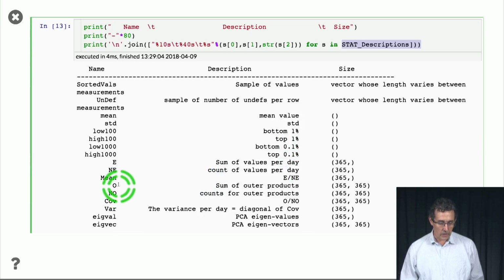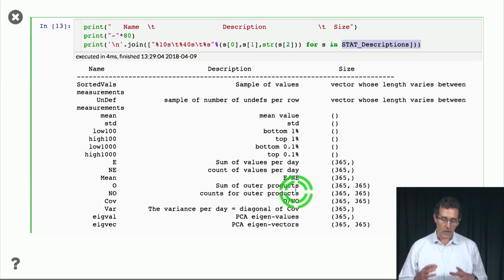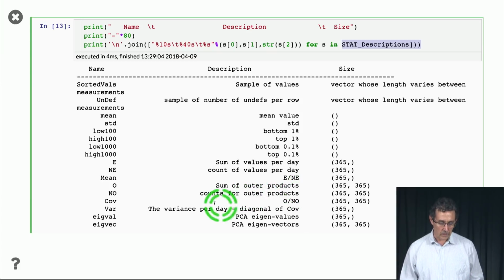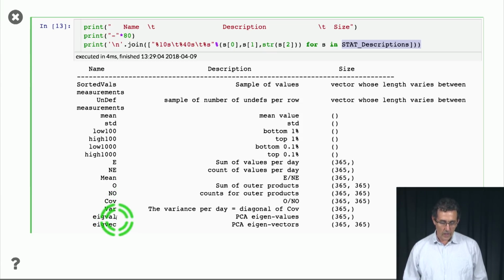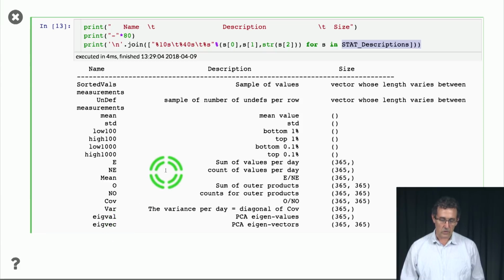And then it has things like the sum of the outer product that I told you about, and counts for the outer product, so the count of the number of times that it's not NaN. Then you have the covariance matrix, and then the decomposition of the covariance matrix into eigenvalues and eigenvectors. So basically, this is a summary of a lot of statistics for a particular measurement. And then we take these statistics and we use them to understand the data.